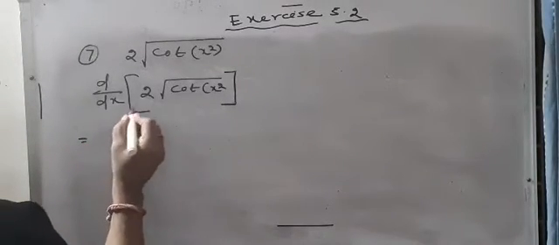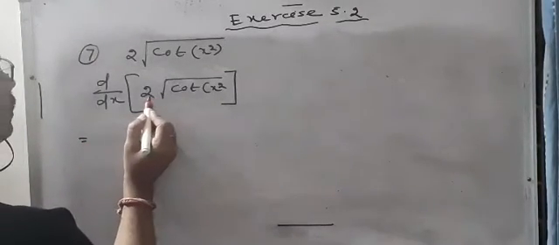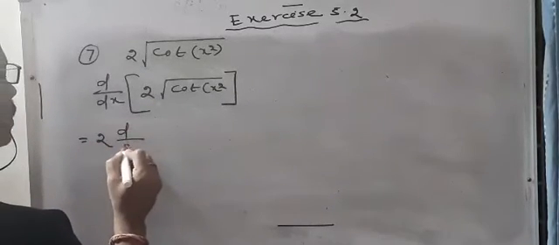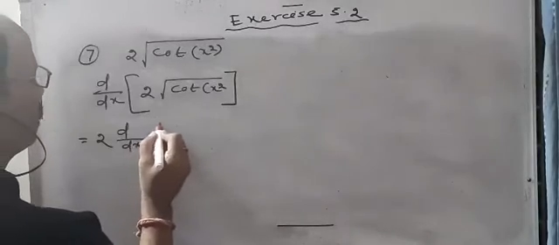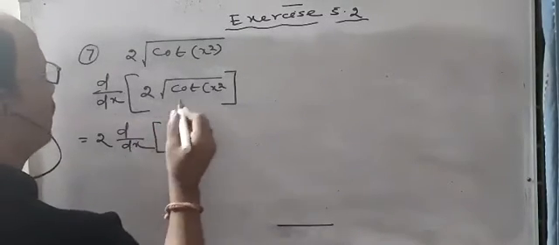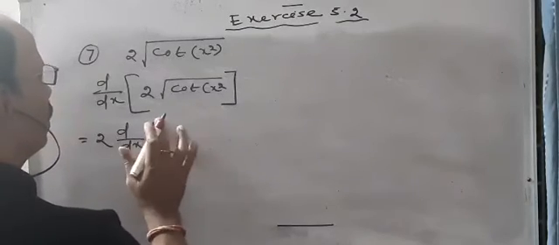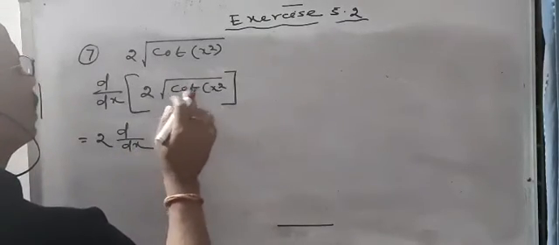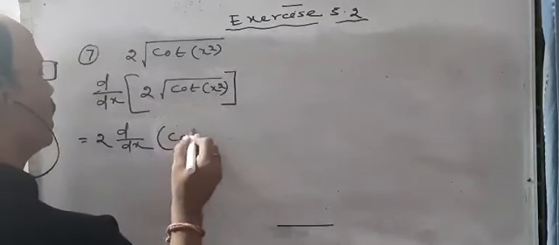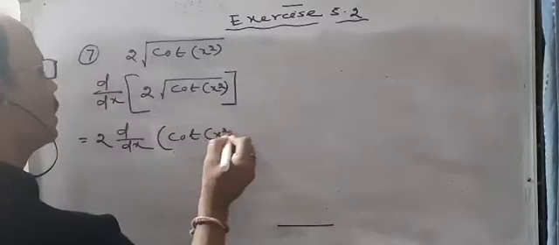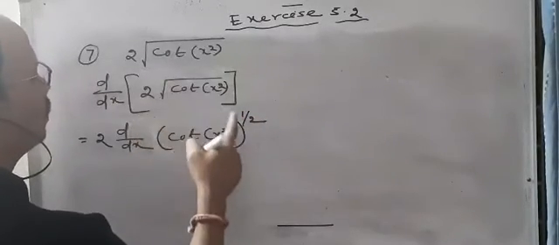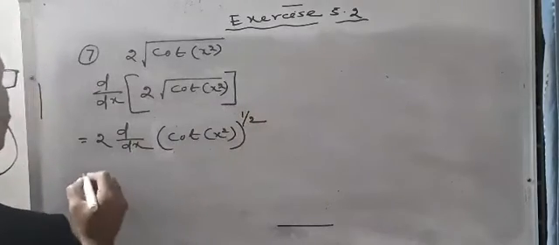We just have to take 2 to this side because it is constant. So now it is d/dx of cot x to the power 2 to the power half, because under root we can write in the power half.